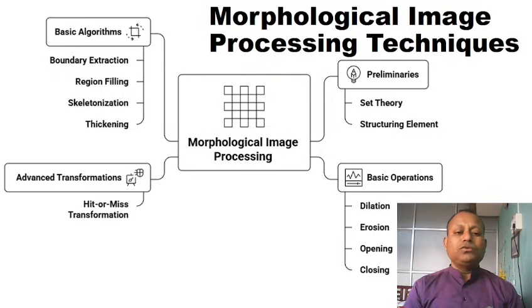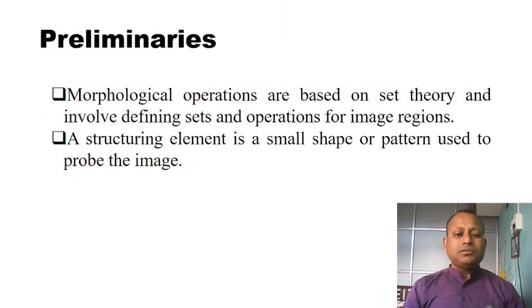Next, it includes some basic algorithms: boundary extraction for identifying the boundary of the image, and region filling, which progressively helps to generate the region, and skeletonization and thickening of the image. So based on these, the details are as follows.